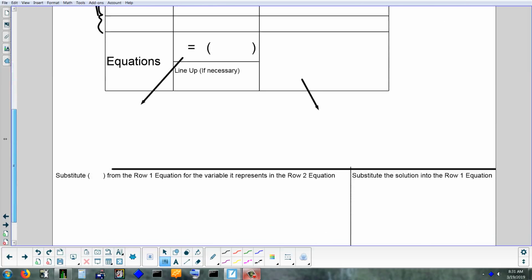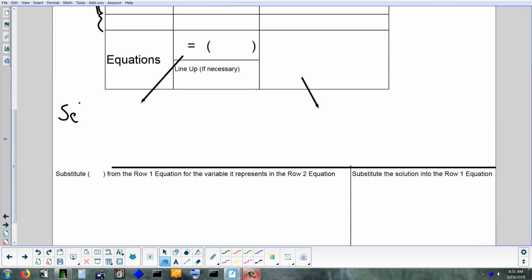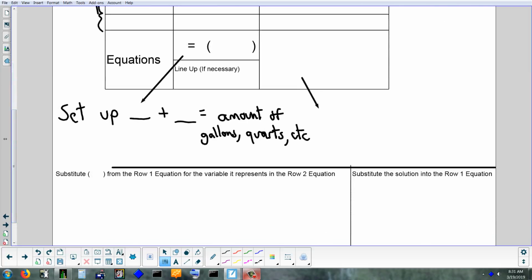Our row 1 equation, all right, it'll be set up like this.